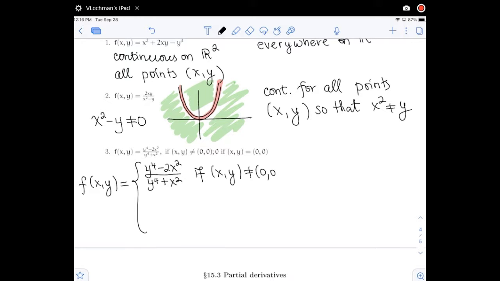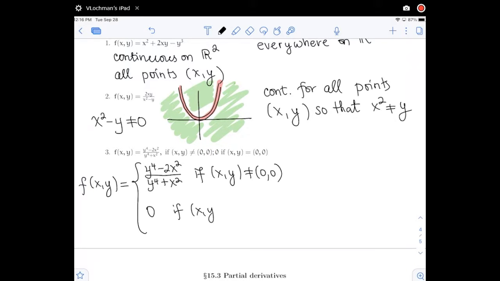And it's 0 otherwise, 0 if x, y is equal to 0, 0.